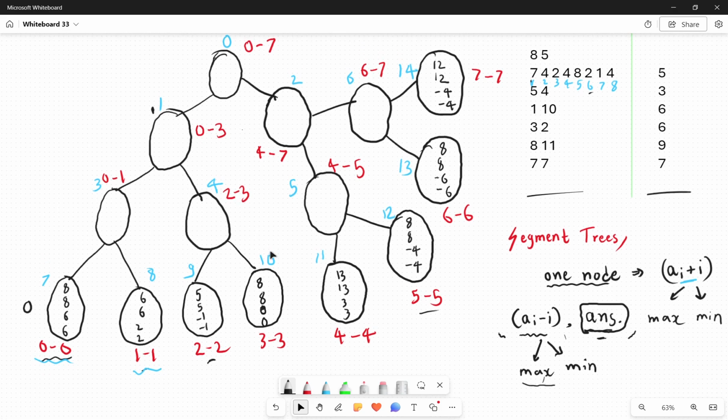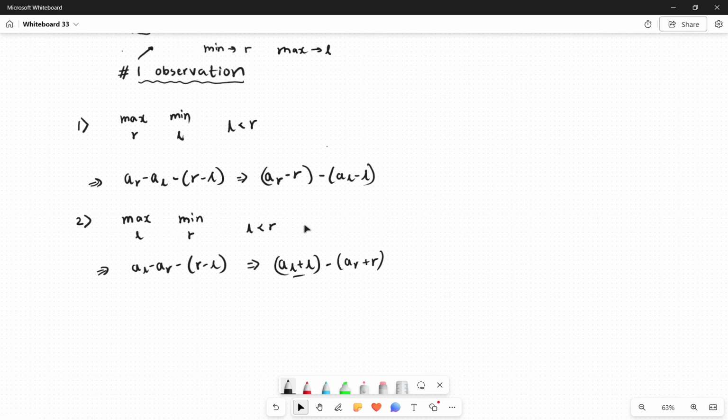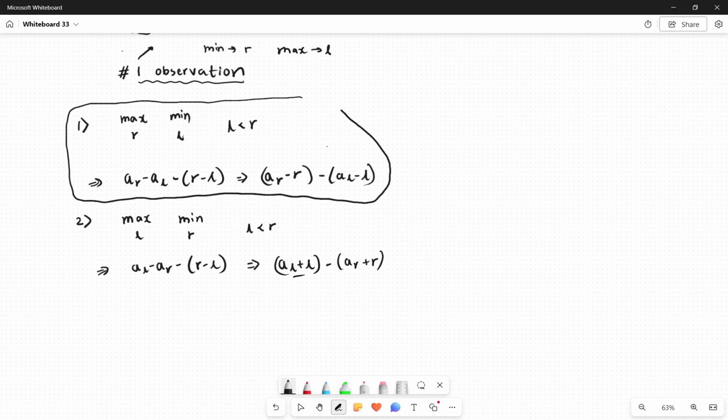How should I merge the nodes? So there will be two cases, right? Case 1: maximum is at the right and minimum is at the left.